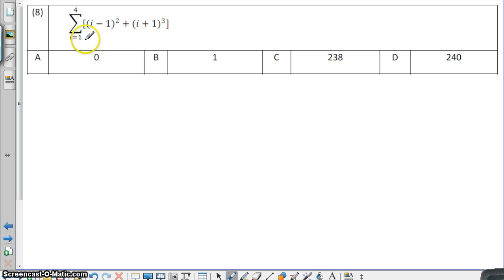This one, again, you're just going from 1 to 4. So you might see a pattern here. If I plug in 1, you're going to get 1 minus 1 squared plus 1 cubed. 1 minus 1 is 0. That goes away. Plus, and then I plug in 2 minus 1 squared plus 2 plus 1 cubed.